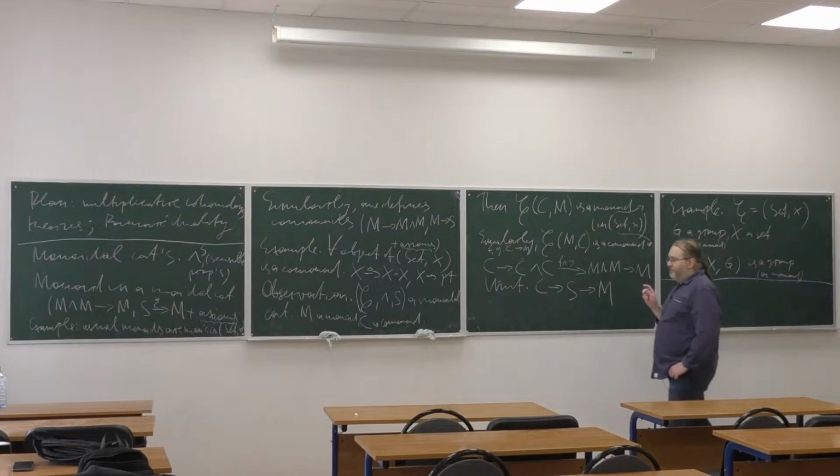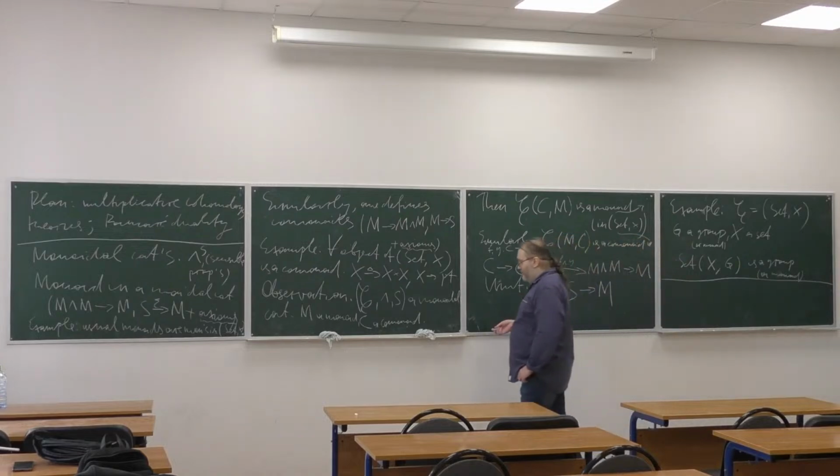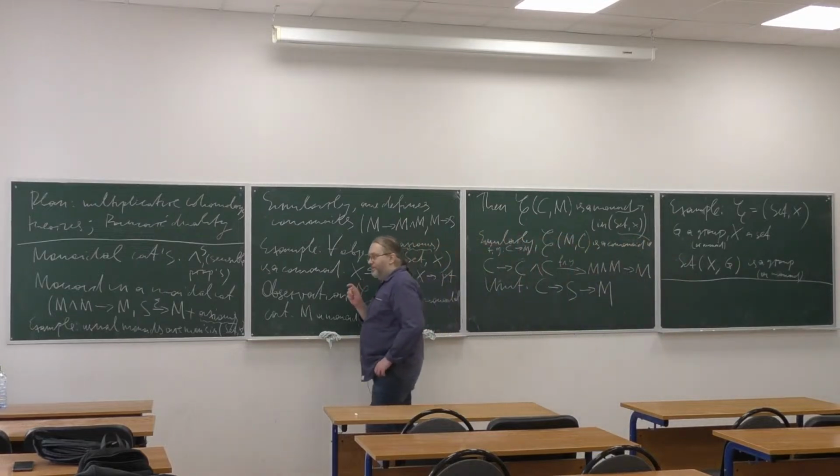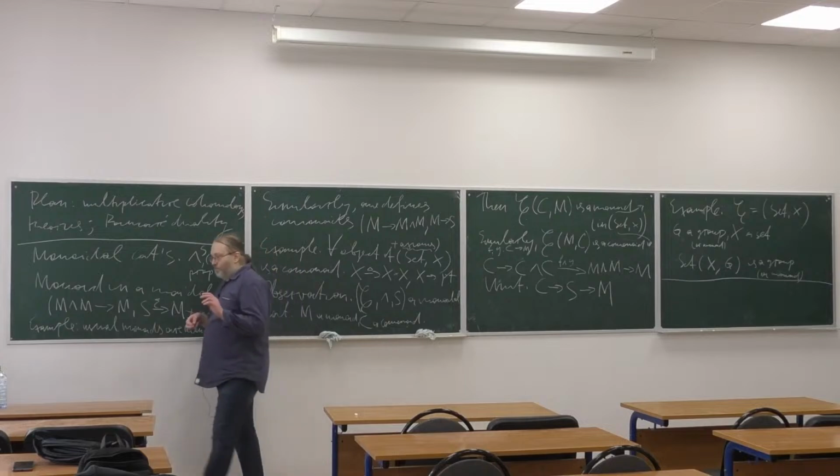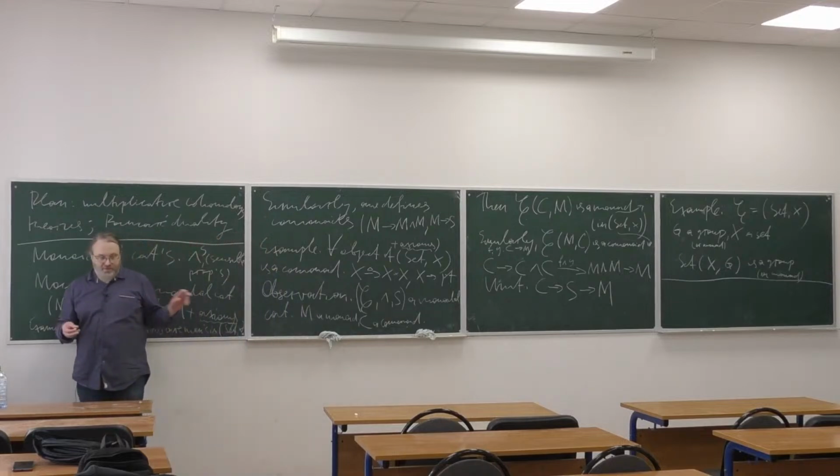Is there a way to define group objects? So what do we need to require from a monoidal structure in order to be able to define a group object?